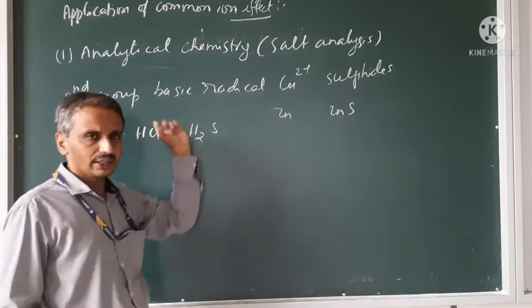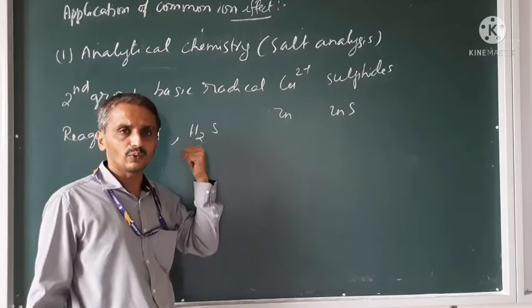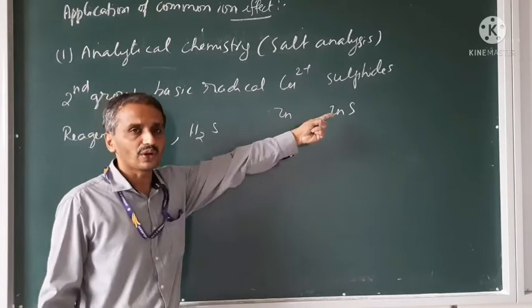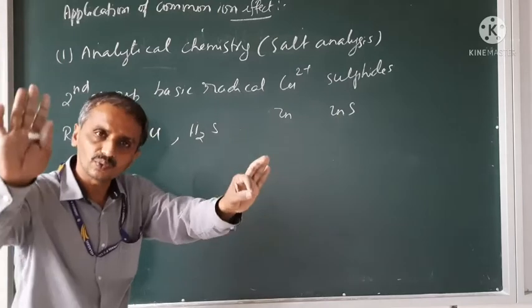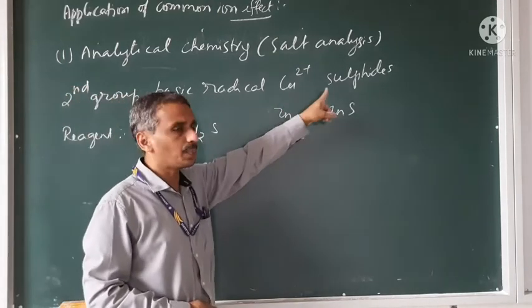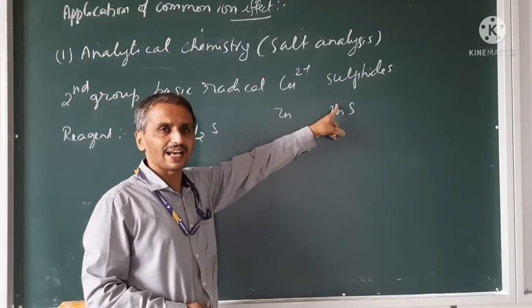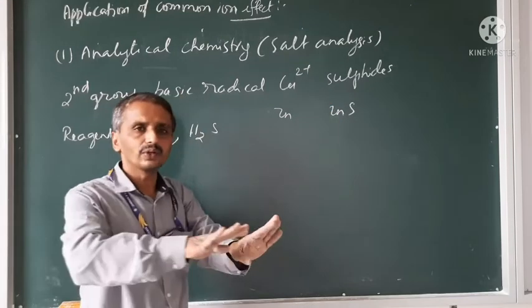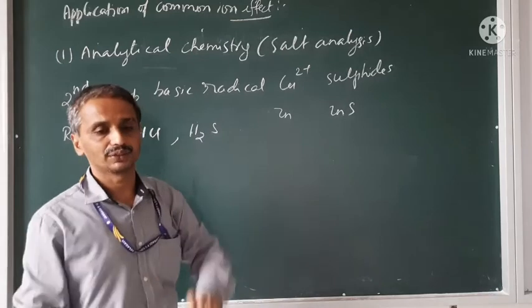When H2S is passed into the HCl and the original solution, I could get sulfide formation even for zinc. But only copper precipitates as sulfide, a black precipitate. Zinc will not precipitate. Why is it?